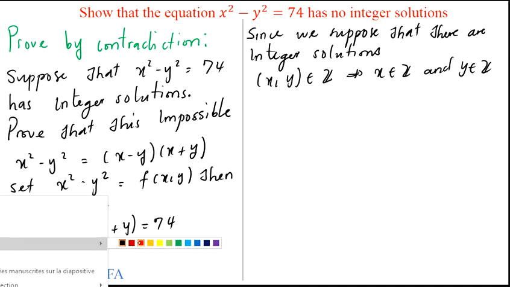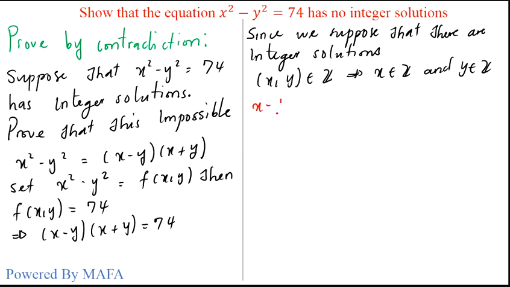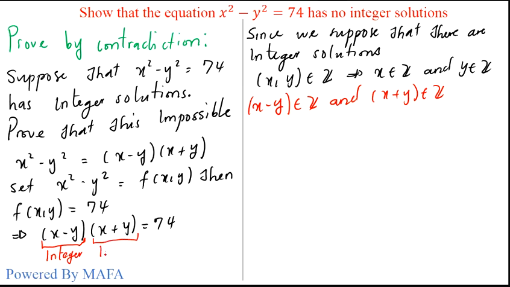Let's see what x minus y is. x minus y for sure is going to be an integer, because we are doing the difference of two integers, and also x plus y is going to be an integer, since both x and y are integers.